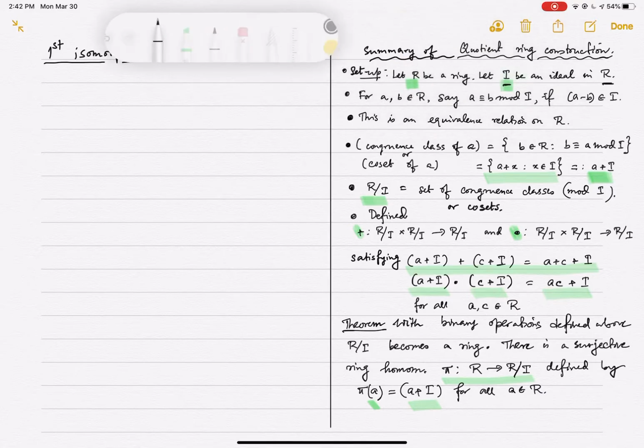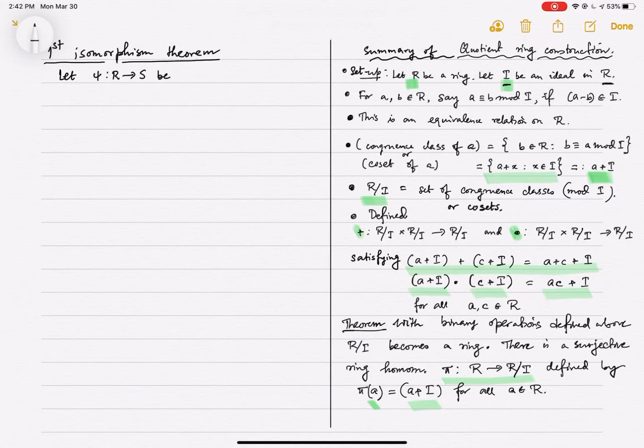Now, here's the isomorphism theorem. Let psi from R to S be a surjective ring homomorphism, an onto ring homomorphism. And let I be the kernel, all the elements of R that go to 0 when you apply psi. Then, here's the conclusion.